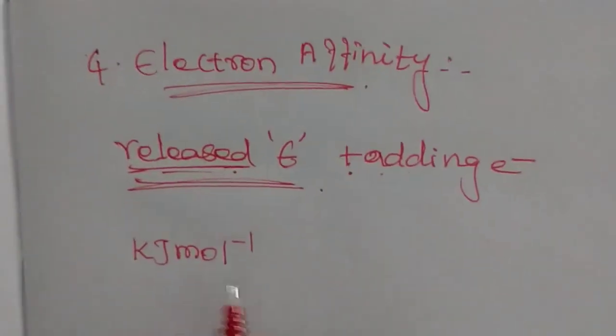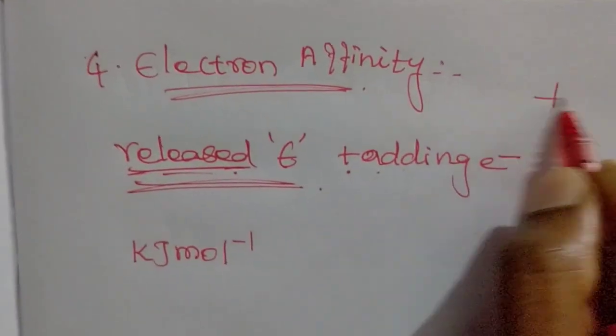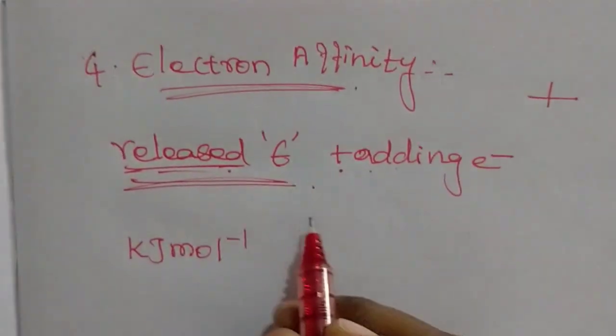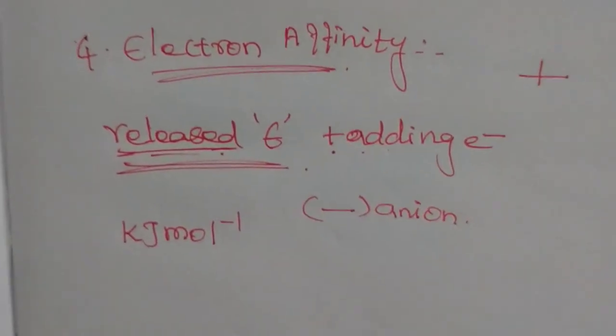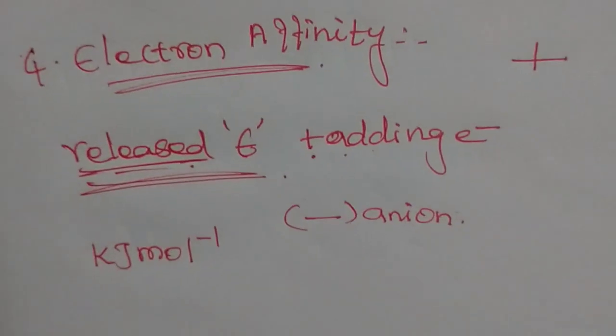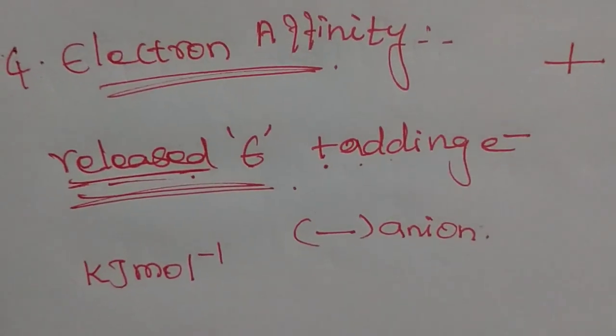So in ionization energy they form only cations, but in electron affinity they form only anions. That means cation formation involves loss of an electron, and anion formation involves addition of an electron.